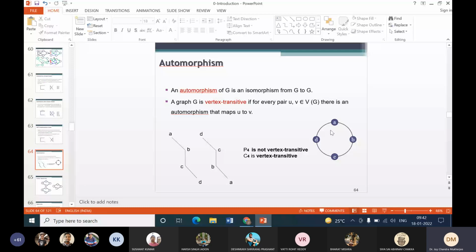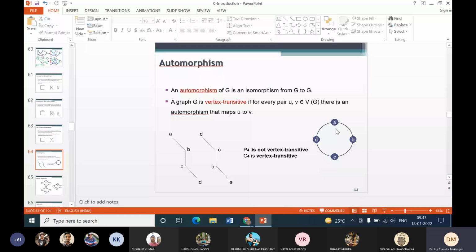If you can map A with B, then B mapped to C. Again, A can be mapped to C also.